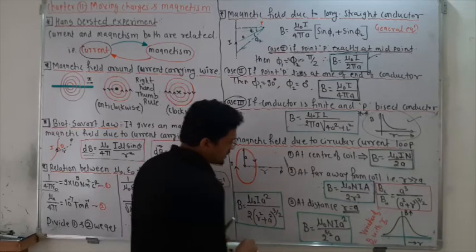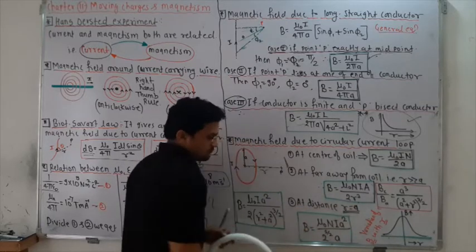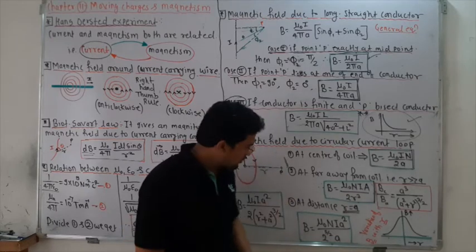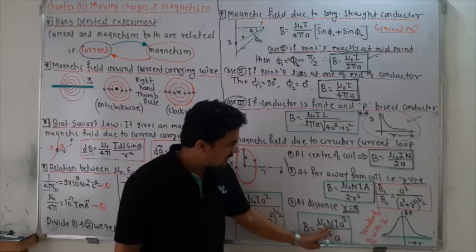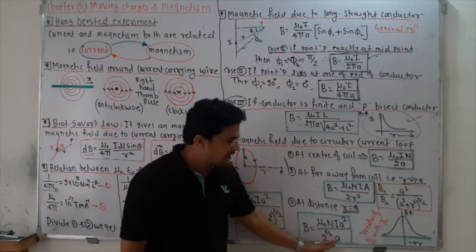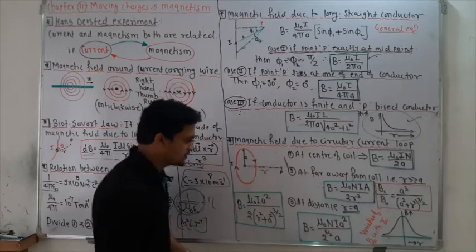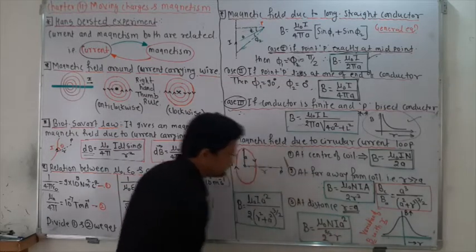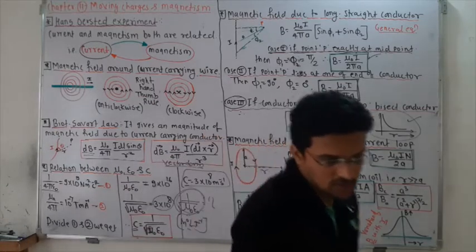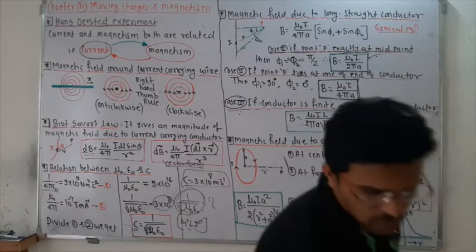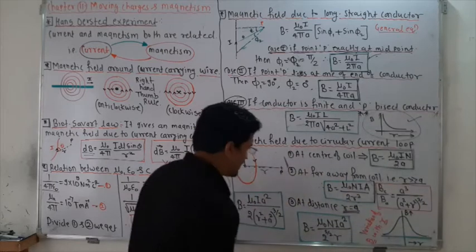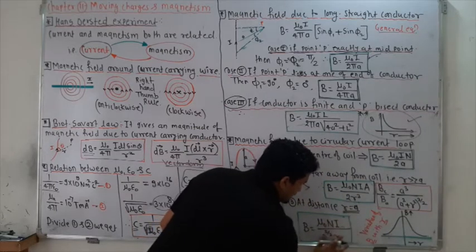Next, at the distance r is equal to a. Whatever the radius is, at the same distance the point P is there, then what will be the magnetic field? Let me see whether it is multiplied by mu naught n i, and this becomes a itself.